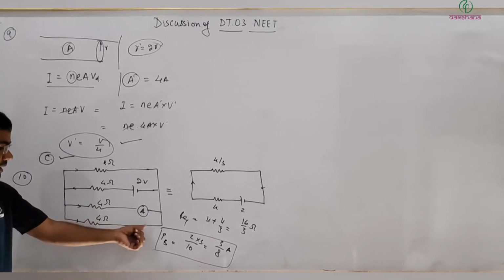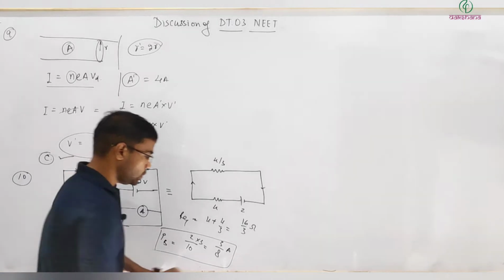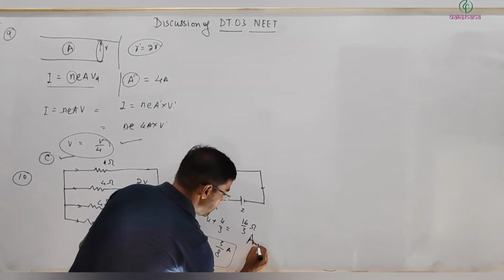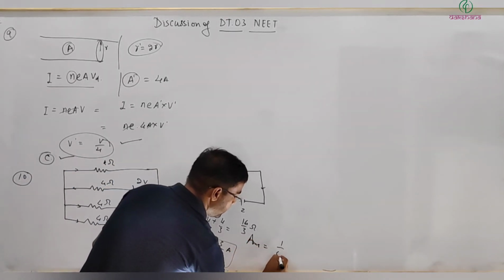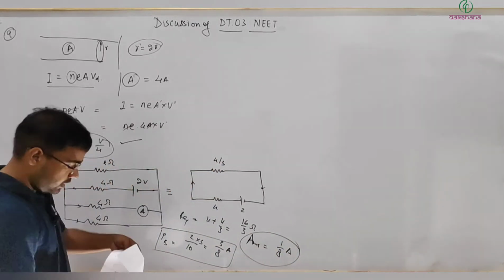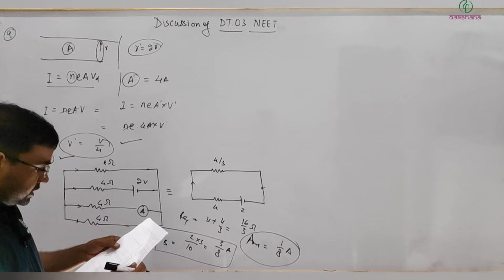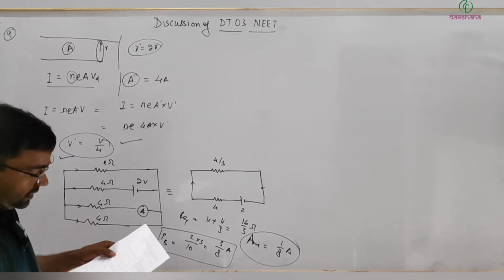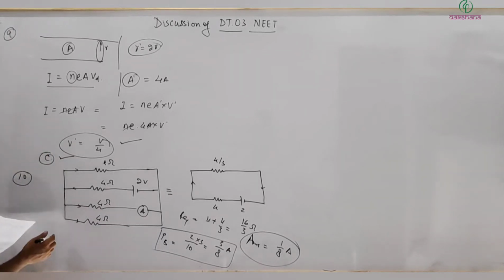So the ammeter reading will be 1 by 3 of this. So ammeter reading I can write it's 1 by 8, because 1 by 3 of 3 by 8 means 1 by 8 ampere. So the readings are 3 by 8 for battery, and ammeter reading it's 1 by 8, and that option matches with the answer A.